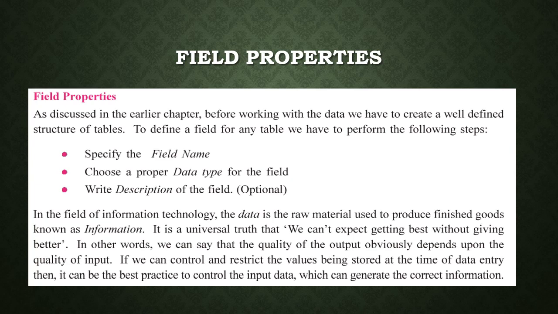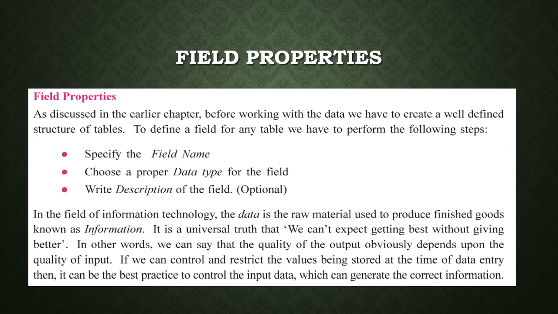Let me give an example, friends. When we create a form, you can see that instead of giving a name, if you try to give a number, it doesn't accept.